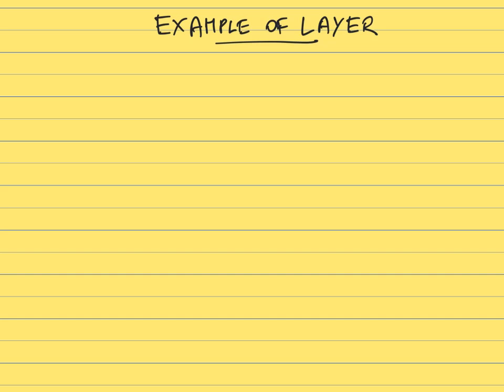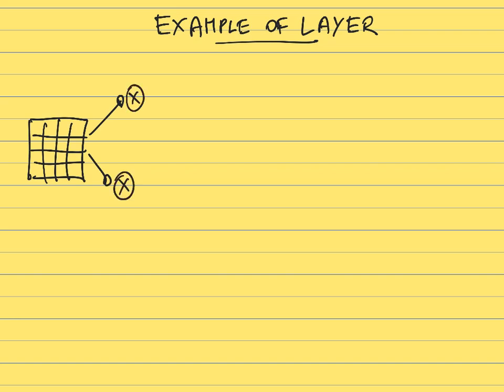Just to make it clear, let's take an example so that we can track the dimension of this image. Let's assume that you start with a 4 by 4 image like this. You will convolute it with two distinct filters, and let's assume that one is going to be a 3 by 3 vertical edge detector, and another one will be a 3 by 3 horizontal edge detector.